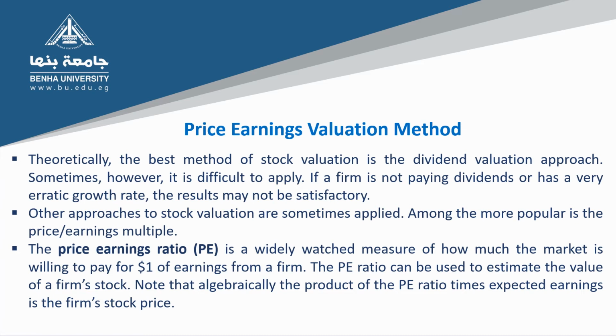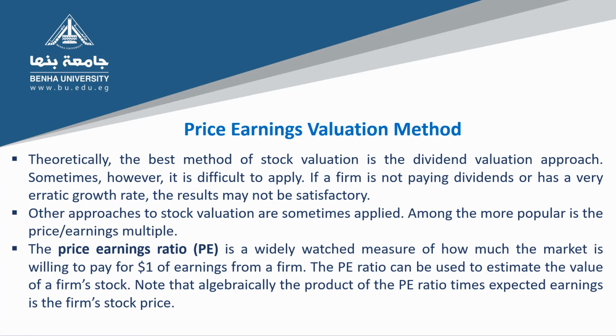Among the more popular is the price earnings multiple. The price earnings ratio is a widely watched measure of how much the market is willing to pay for $1 of earnings from a firm. The price earnings ratio can be used to estimate the value of a firm's stock.